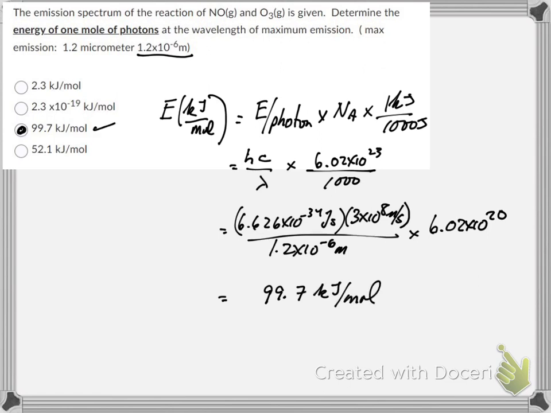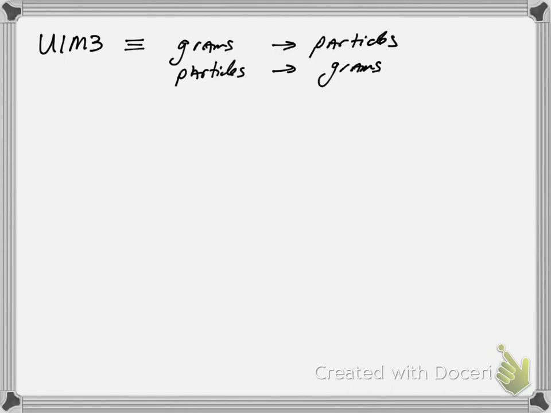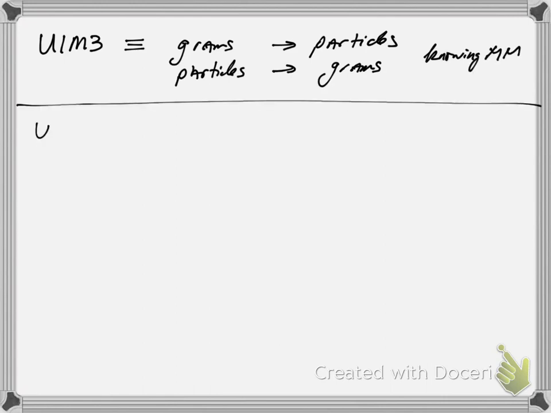If I had to summarize the types of questions we are going to be asking you, we're going to have Unit 1, Module 3, grams to particles, particles to grams. We did 2 examples of that. You want to make sure you know how to do it.